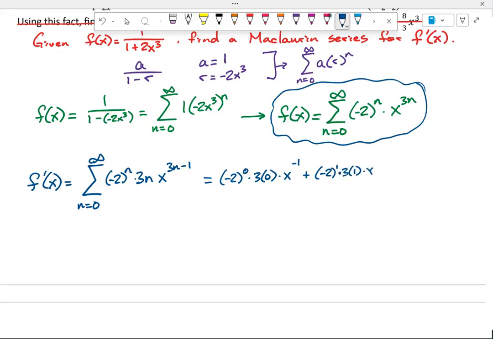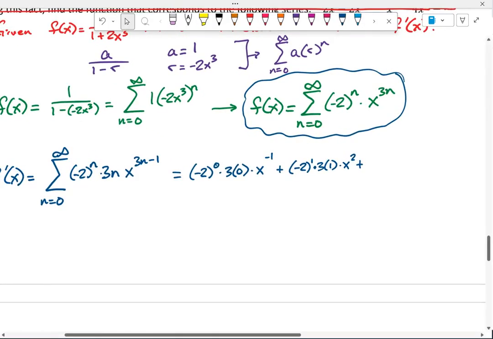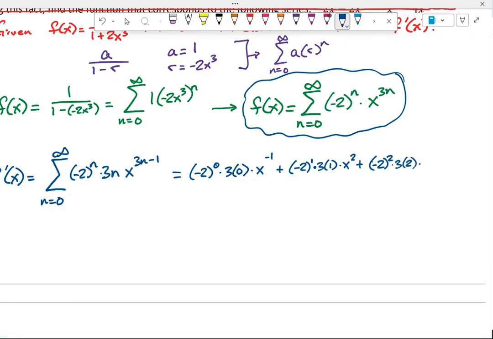And that'd be times x to the 3 times 1 minus 1, which would be squared. And then plus, we would have negative 2 squared times 3 times 2 times x to the 3 times 2 minus 1, which would be the fifth.